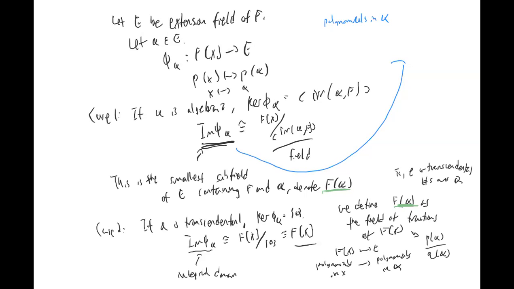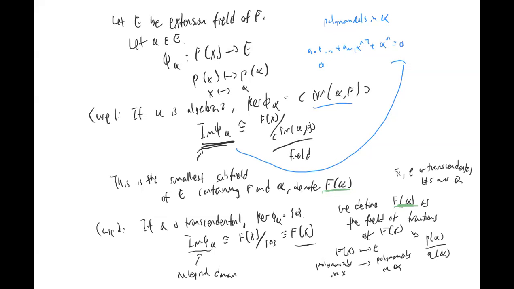So if I denote this as degree n, plus a_{n-1} x to the n minus 1, and so on, because it's monic, I could rewrite all the x to the n terms. When I plug in alpha, this is 0, because alpha is a root of it.